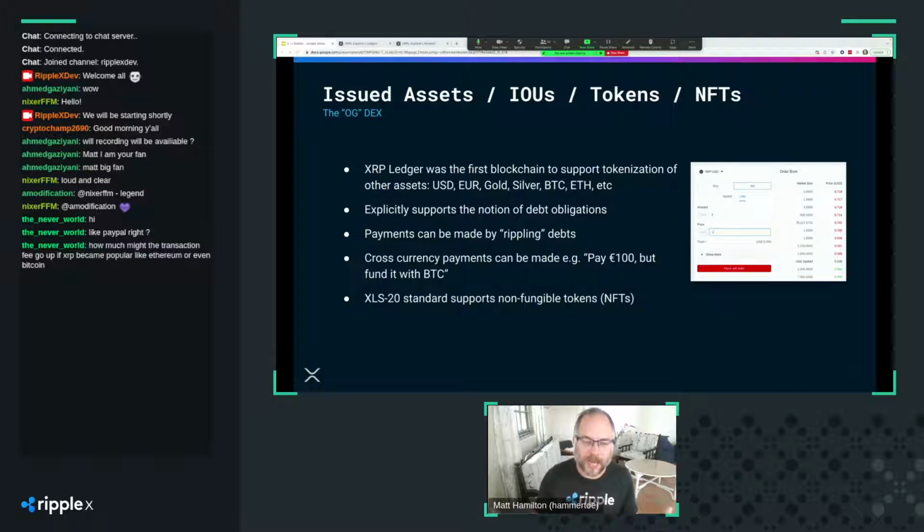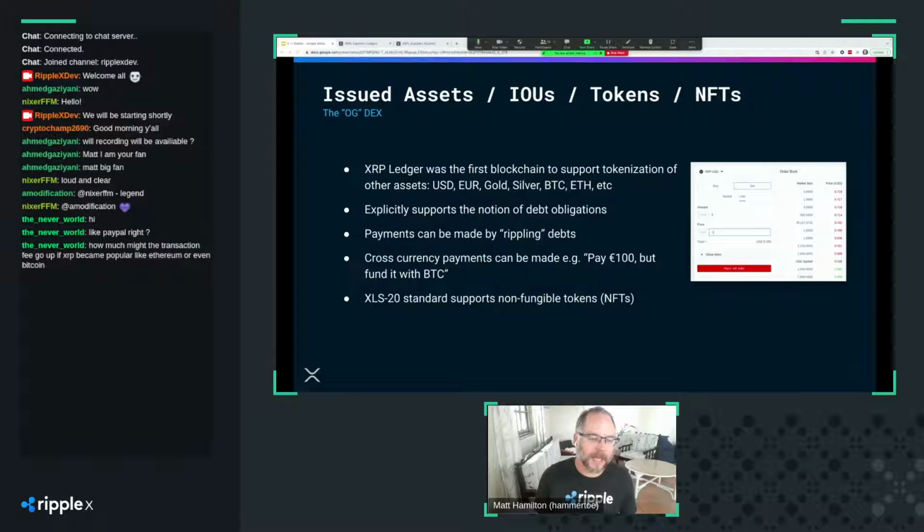And again, you can represent anything as a debt on the XRP Ledger. So it might be that I want to pay 100 euros, but I want to pay with bananas. And the bananas get traded for coffee, the coffee gets traded for sugar, the sugar gets traded for shoes, and the shoes then end up getting traded for euros, right? So the XRP Ledger allows these payments to cross currency.